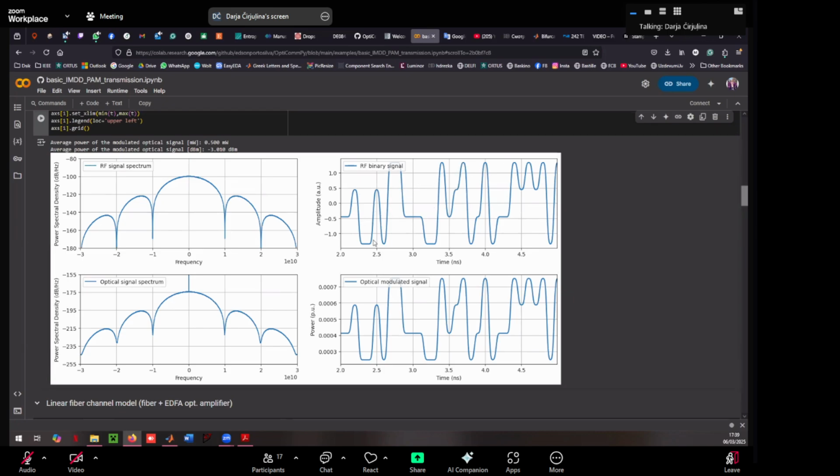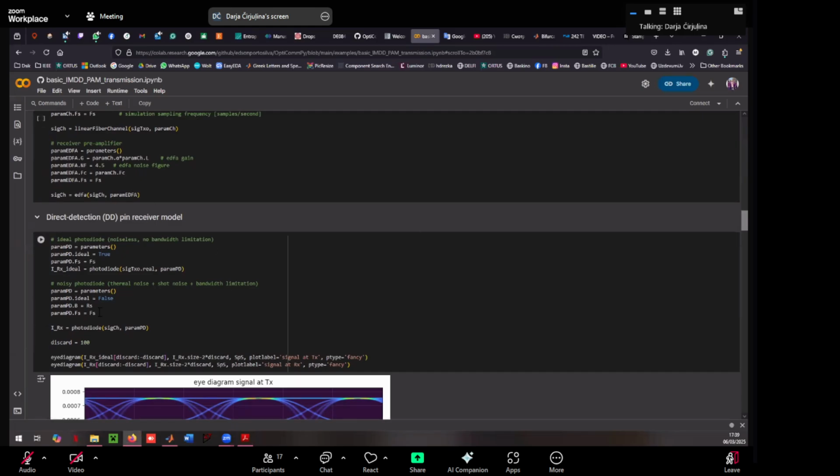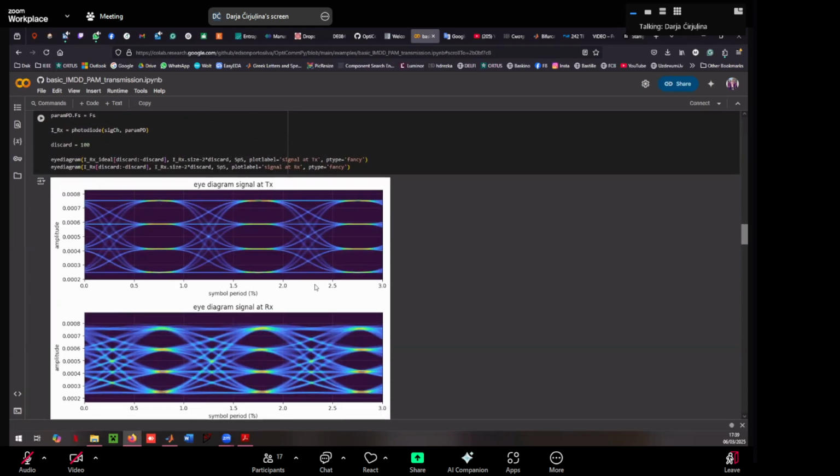You can see it has four levels, so it's PAM4. Then we have some amplification parameters for our optical channel, and then we have our receiver.